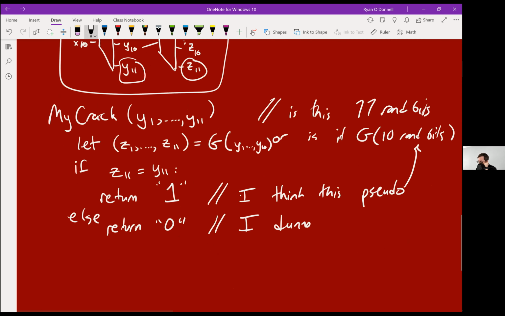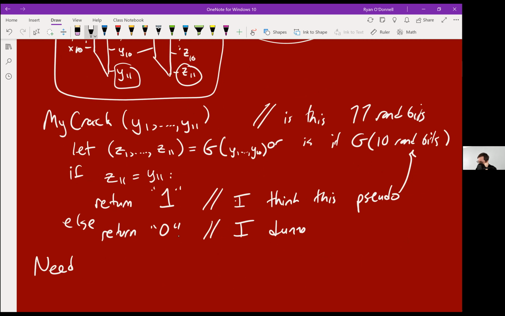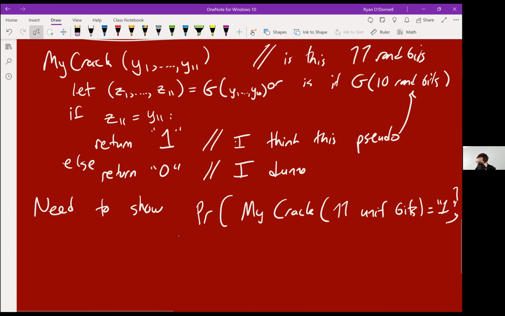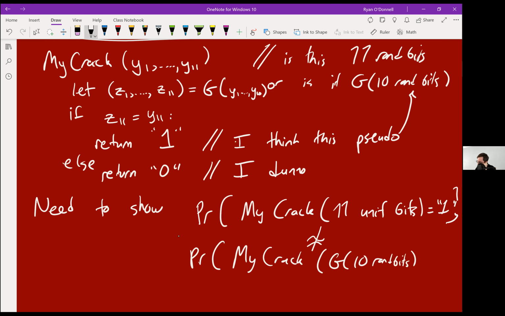What you actually need to show is that the probability that my cracking algorithm, when given 11 uniform bits, outputs 1 is quite different from, not approximately equal to, the probability that my cracking algorithm returns 1 when it's given G of 10 random bits. The first thing to think about is what this value is.